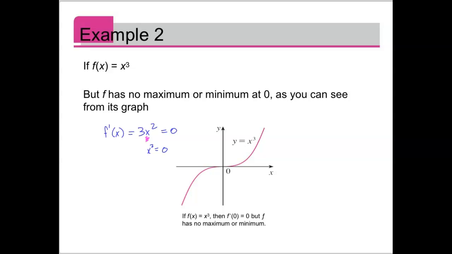I'm going to take the square root. x equals 0. So I found that there's going to be a horizontal tangent at x equals 0. That's definitely true. We can see that visually here. But that is not a local maximum or local minimum in this case.